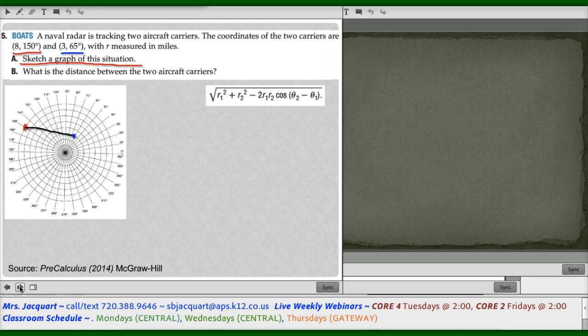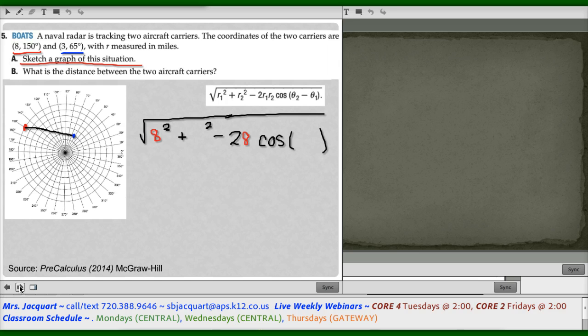Sweet! So you just fill in the holes. We have a squared, plus, we have a squared, minus, we have cosine, parentheses. Let's fill in our holes. Let's go for the red dude first. So it's going to be 8 squared. Oh, I forgot this part too.